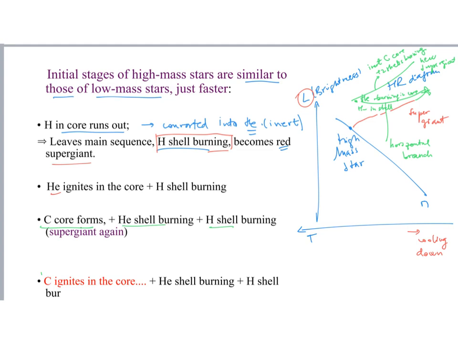And it turns out that the carbon has the possibility of igniting in the core. So now the carbon is going to turn into nitrogen because the inward pull of gravity is strong enough to create high pressure and very high temperatures.